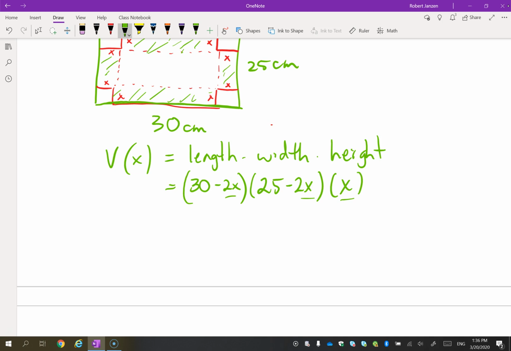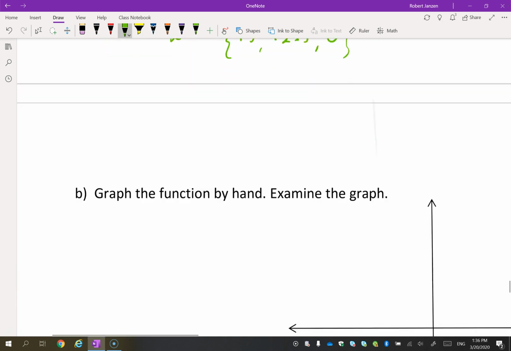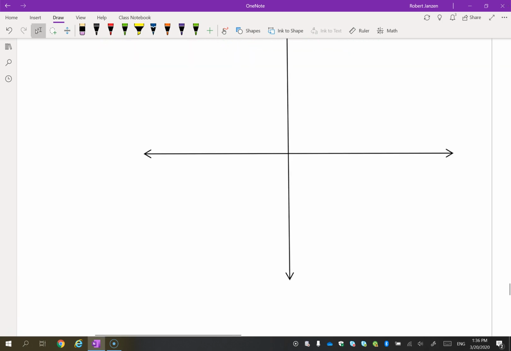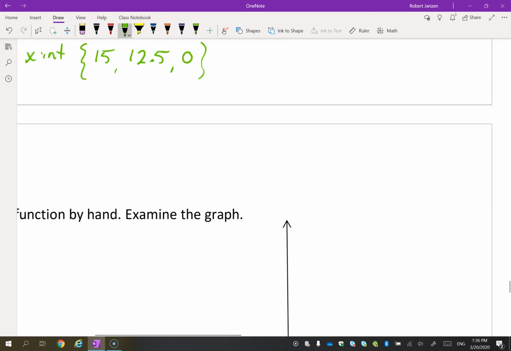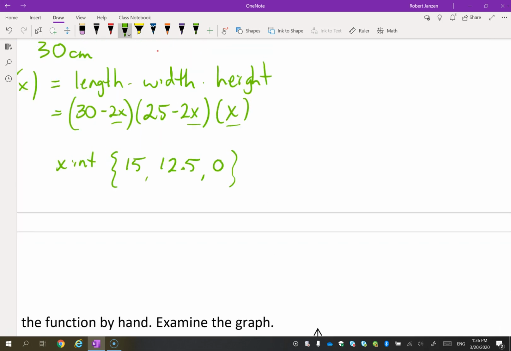Now, if I wanted to graph that, x-intercepts are ready to go. They're 15, they're 12.5, and they're 0. So let's put that on a graph. Here's 0, here's 12.5, here's 15. All right, and what would this graph look like? Well, it's a cubic, and the lead coefficient will be positive. Why?